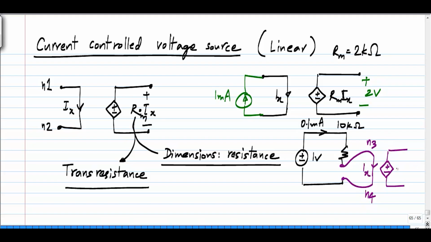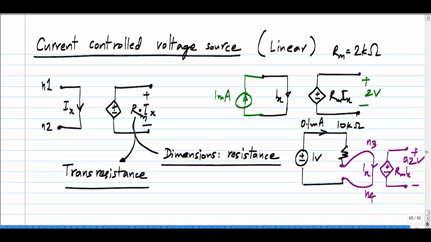This is Ix and this is Rm Ix. What does this mean? Across this, I will measure 2 kilo ohm times 0.1 milliamps, which is 0.2 volts. Okay. So that's the meaning of this.